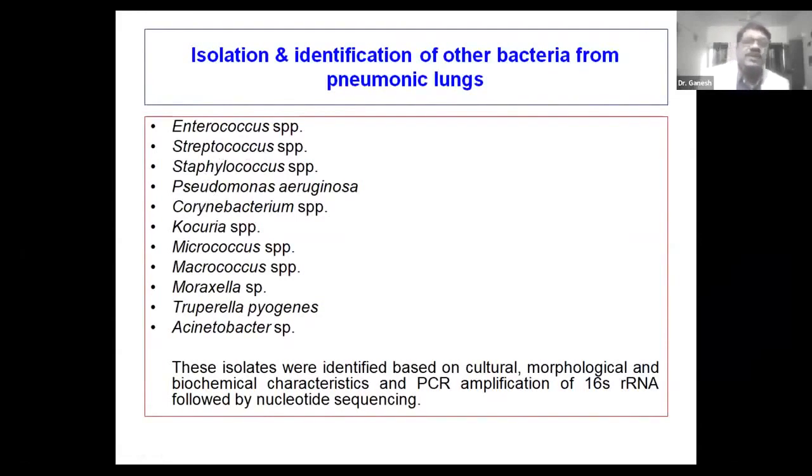These are secondary bacterial infections, but we don't know what role these other pathogens are playing in causing pneumonia. But recently there are many reports that Acinetobacter species are becoming very pathogenic and drug resistant. Also, this Kocuria species is an upcoming infection.